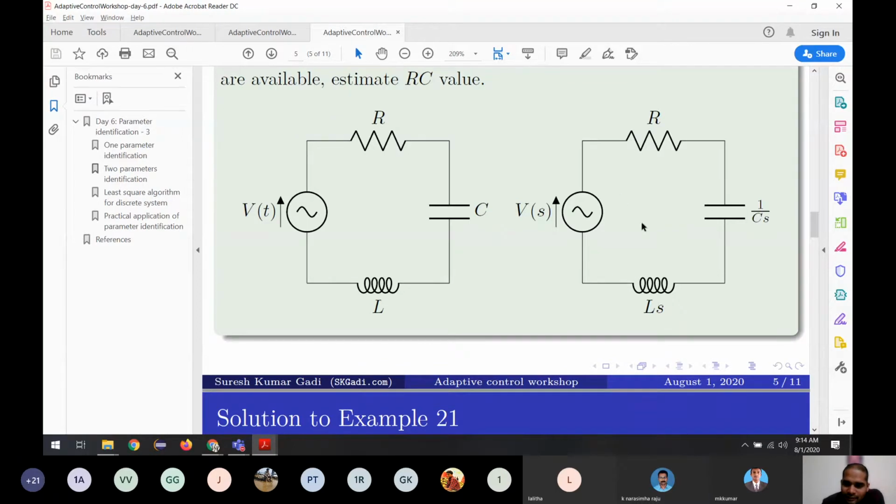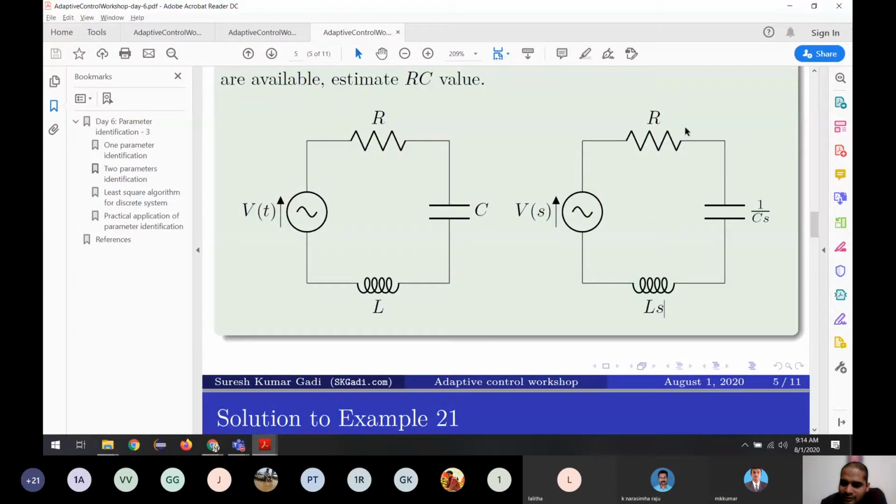Now we are working in the Laplace transform, or we can say frequency domain. So we can treat each of the terms like how we treat resistance in DC. Let us have an analogy like this is a DC circuit with all the elements being resistances. Here the value is 1 by CS and here the value is LS.